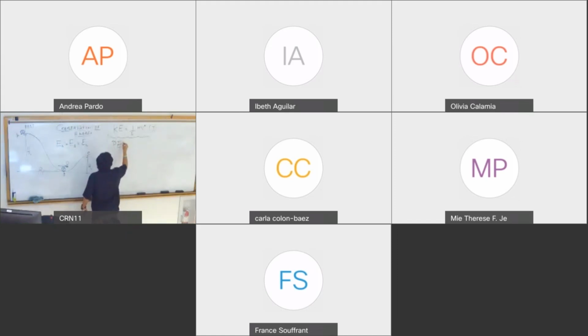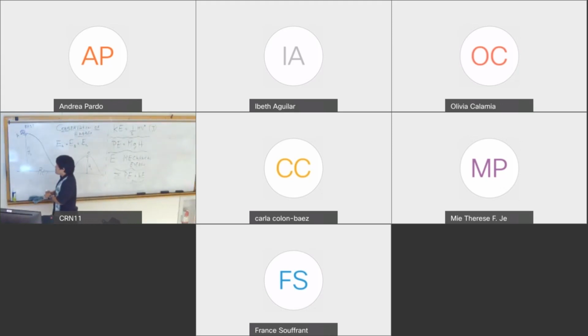Potential energy, mgh, and then we're gonna call E the mechanical energy, which is the sum of potential energy plus kinetic energy at any point, right?